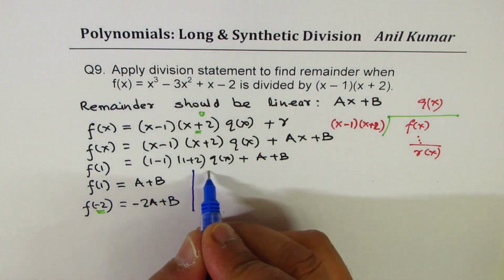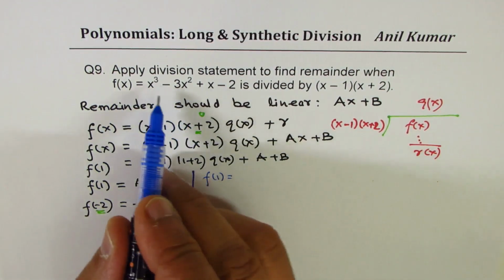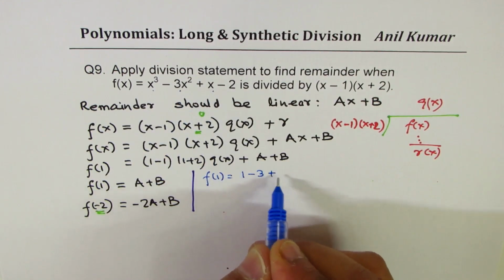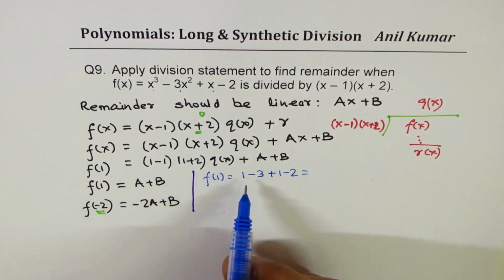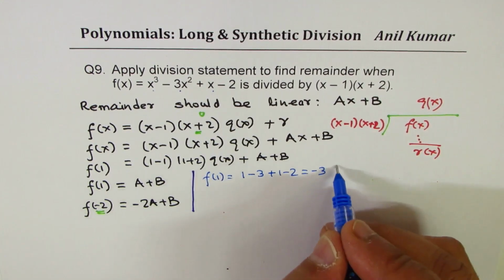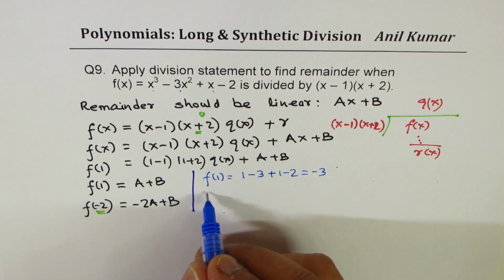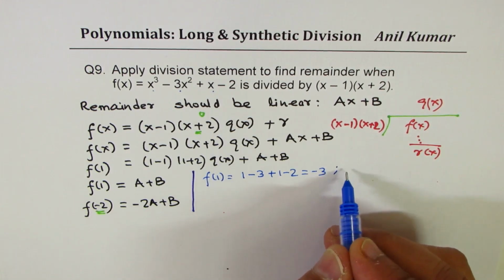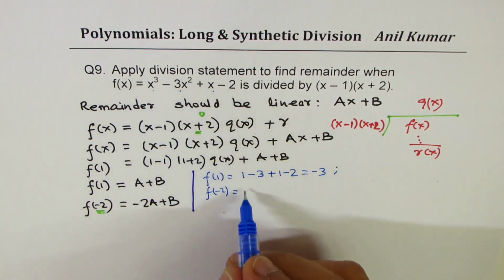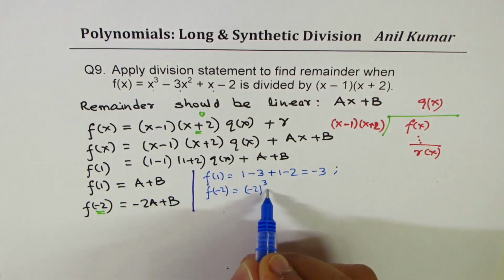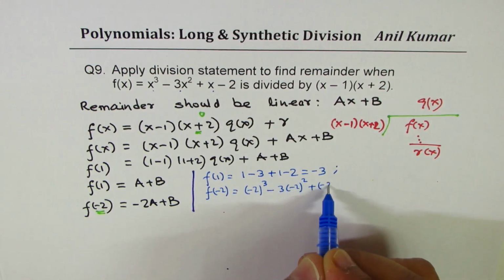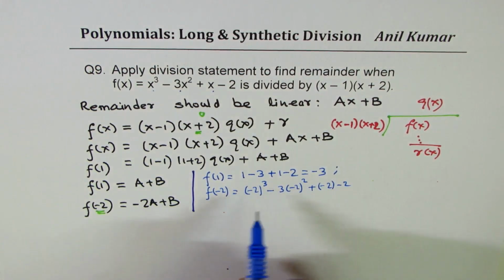So let's write f of 1 first. f of 1 really means substitute this x as 1. So we get 1 minus 3 plus 1 minus 2, and that is 2 minus 2 is 0. We get minus 3. And f of minus 2 should be minus 2 cubed minus 3 times minus 2 squared plus minus 2 minus 2, right? That's what we get.